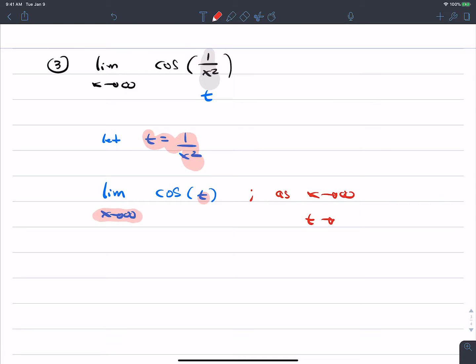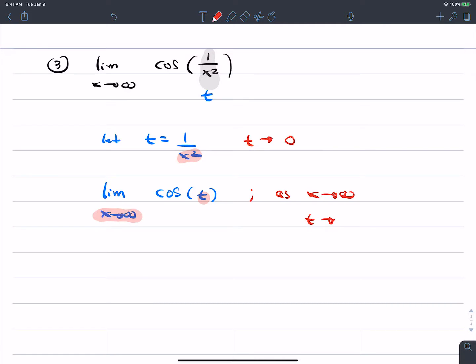So go back up here and ask, what does t approach, since your x coordinate value down here is getting big? What do you guys think is happening with that t? 0. That's going to 0.